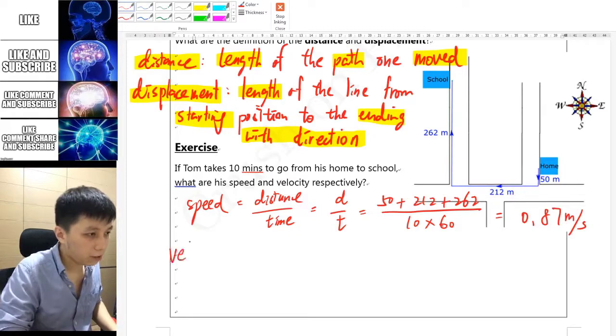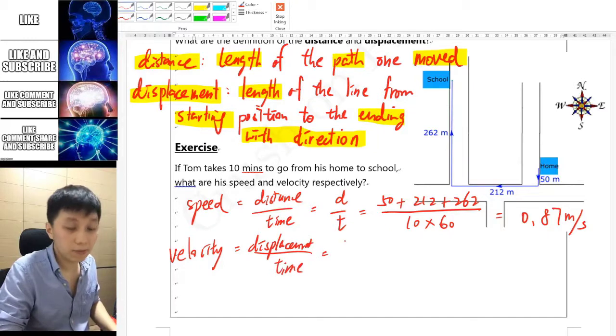For velocity, we should also put down the equation first. That is displacement over time. Again, you can use the symbol for displacement, which is s. So s over t.